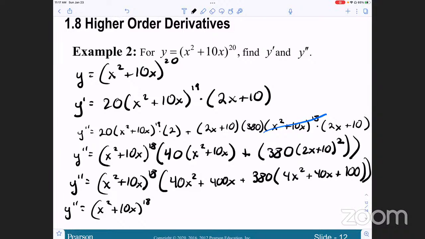So 1560 if we combine those x's. What's 380 times 40? 40 is 15,200. 1500.